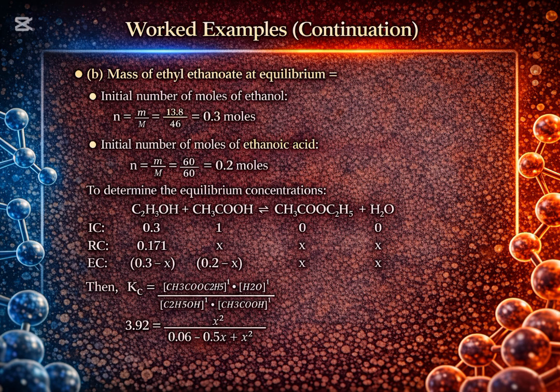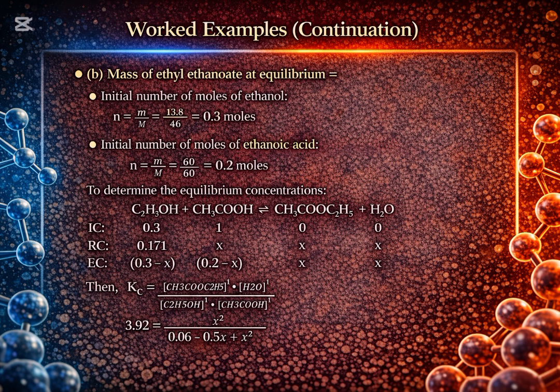So you can see that substituting these values, we turn the denominator to a quadratic equation when you multiply both values. Then we are going to get 3.92.